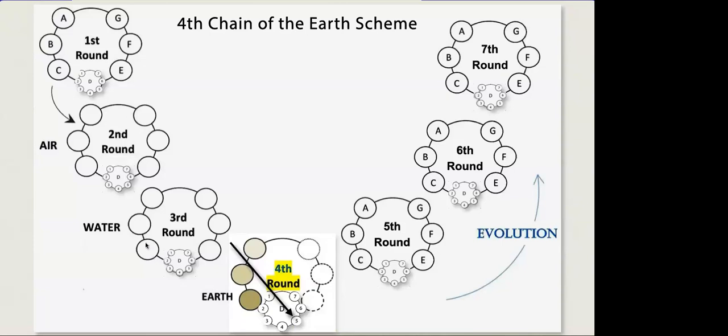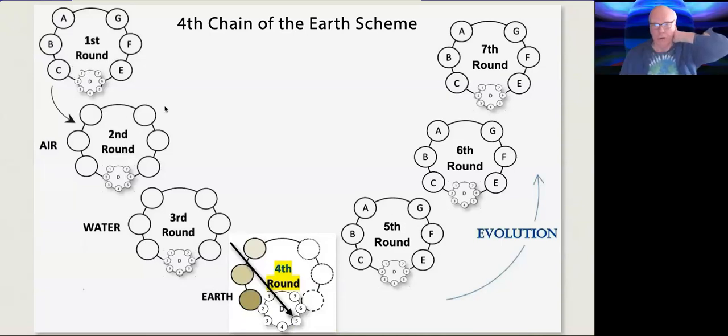And so the general nature of these rounds is fiery for the first, airy for the second, watery for the third, earthy for the fourth, and then back to watery, airy, and fiery. However, it's not really how we understand these elements.